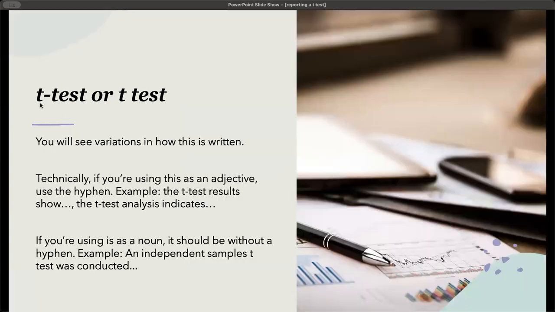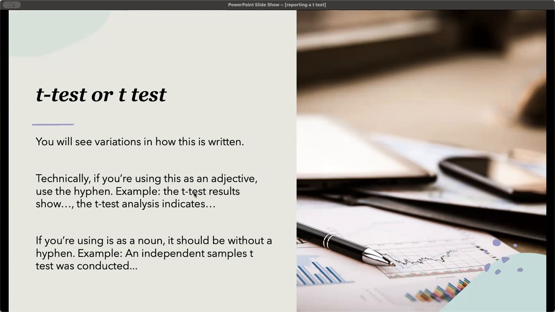Here's another question. Do I use t-test with a hyphen or t-test without? You are going to see variations in different articles that you read, and JASP uses a hyphen. So here's the rule. Technically, if you're using this as an adjective, you would use the hyphen, an adjective meaning that a noun is going to follow. As an example, the t-test results show.